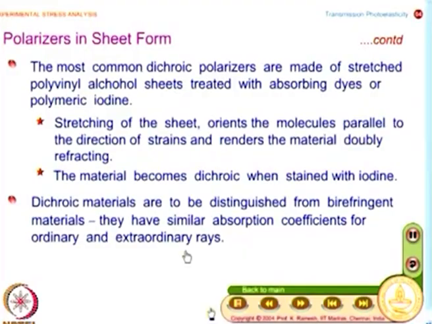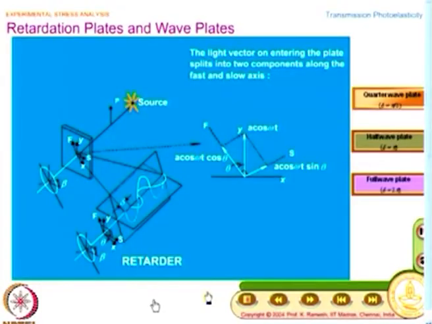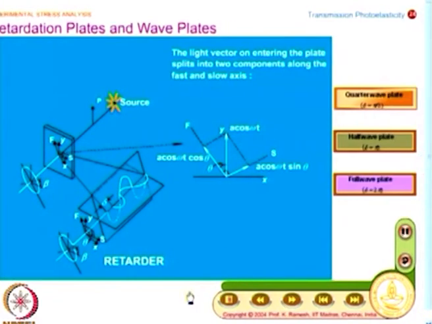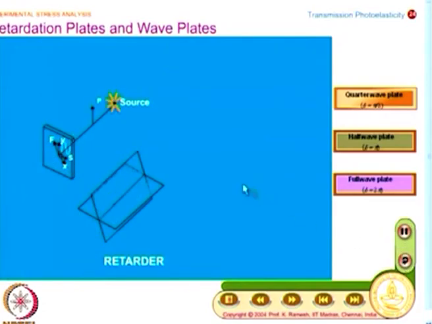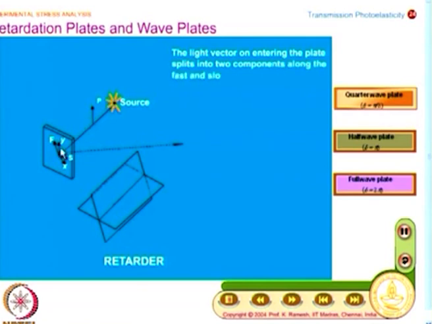And what is fundamental to all of this photoelastic analysis is understanding what retardation plates and wave plates are. This animation you will be looking at again and again in this course, and this is the crux of photoelasticity. We will again have a look at it. I have a natural light source that becomes polarized when it hits the front surface of the model.